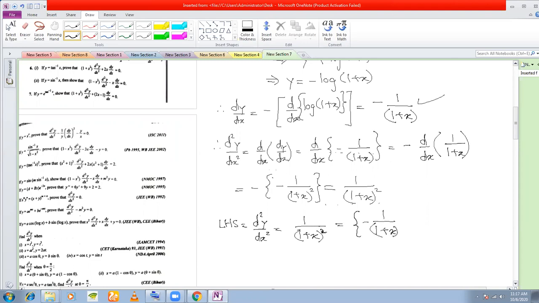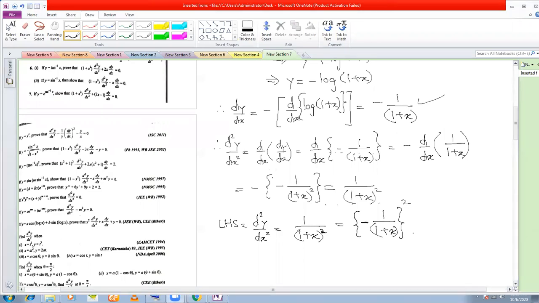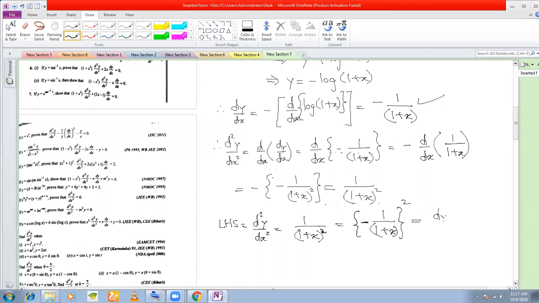Minus 1 by 1 plus x. So 1 by 1 plus x square can be written in this manner. Yes or no? So therefore, this is dy dx whole square, which is equal to RHS. Hence proved.